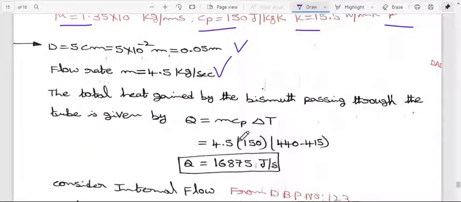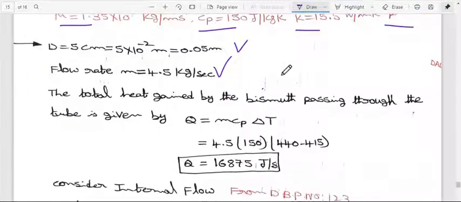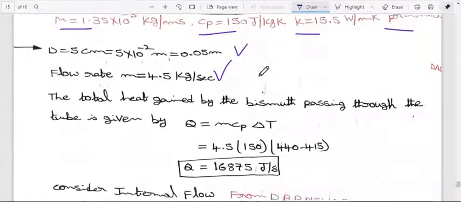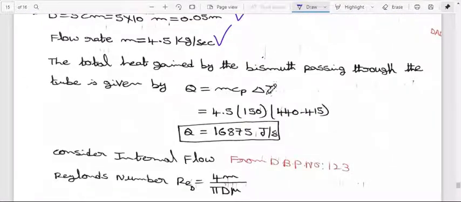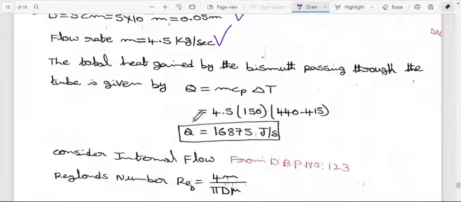So here Q is equal to mCp delta T. Here this is the inlet temperature 440 and the outlet temperature 415. The m value is given and the Cp value is given as 150. So we need to substitute to get the Q value.